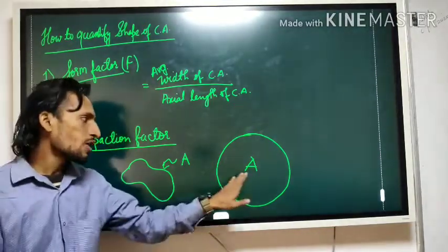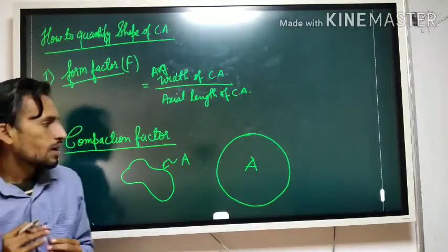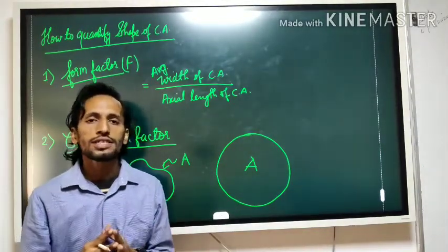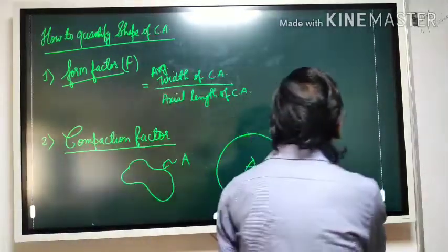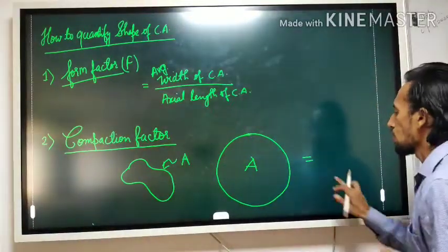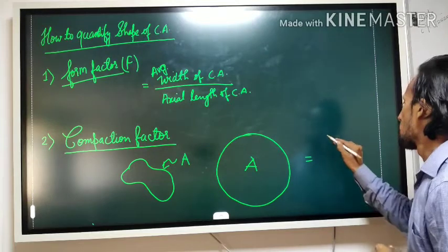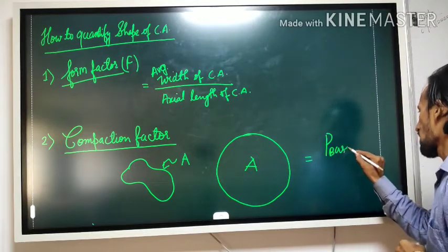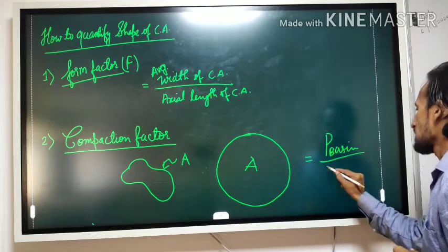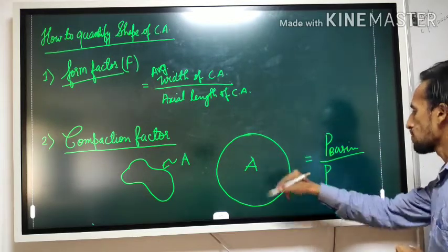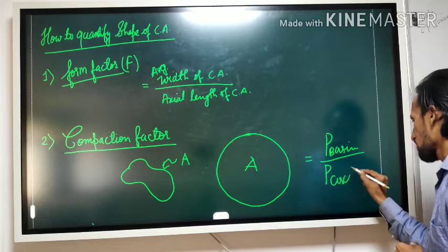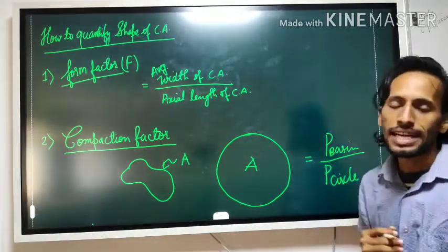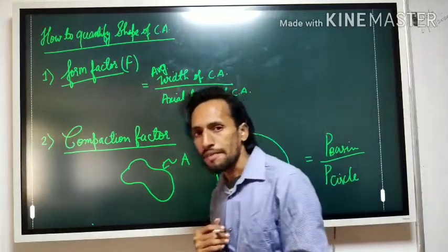Then they will find the ratio of the perimeter of the basin and the perimeter of this circle, and this ratio they refer to as the compaction factor.